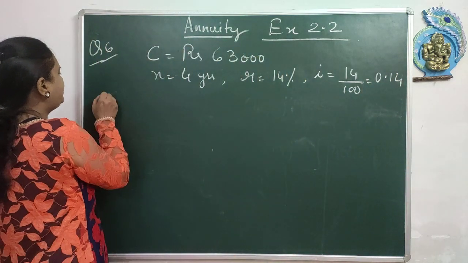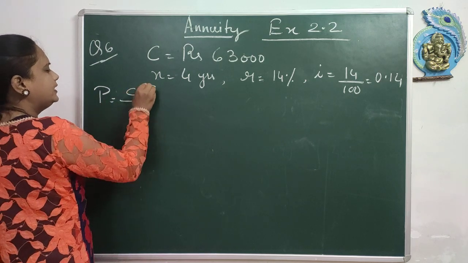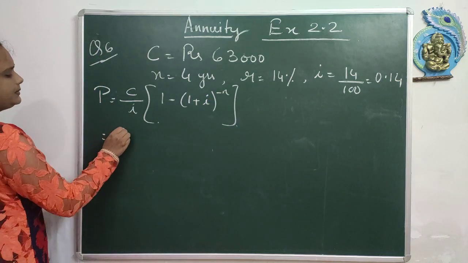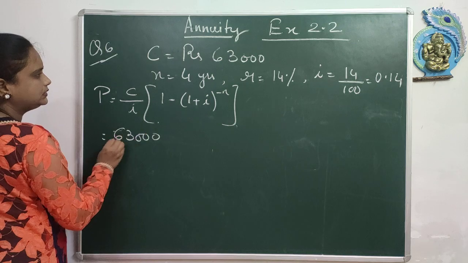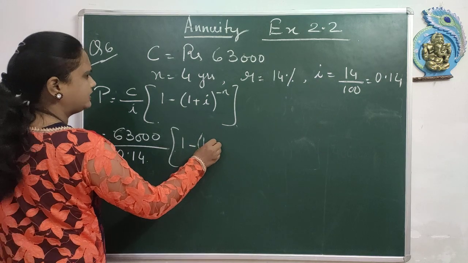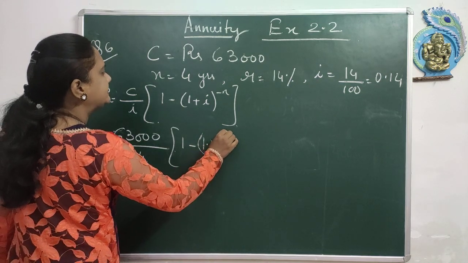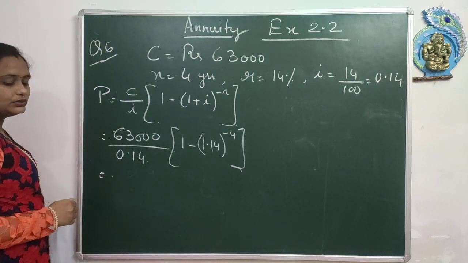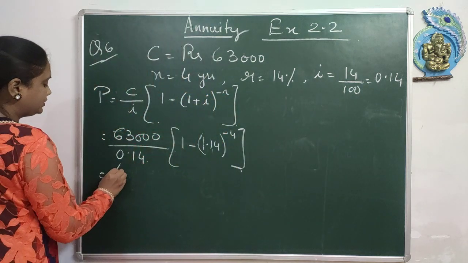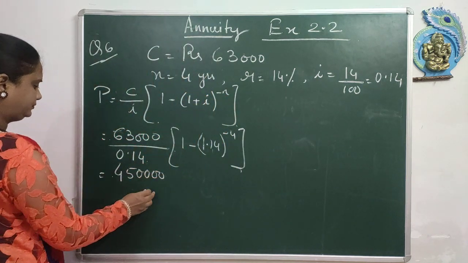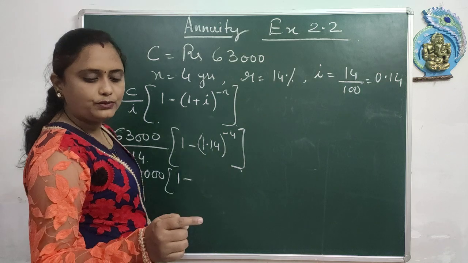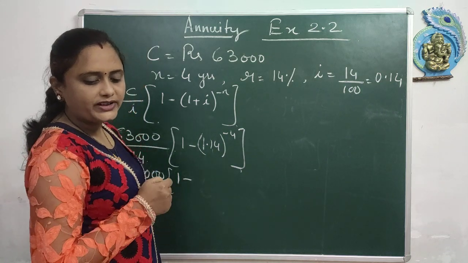Now just apply the formula for P, that is C upon I, 1 minus 1 plus I to the power minus n. So this will be 63,000 upon 0.14, 1 minus 1.14 to the power minus 4. 63,000 divided by 0.14 is 4,50,000. 1 minus, what is the value given in the question for 1.14 to the power minus 4, that is 0.5921.